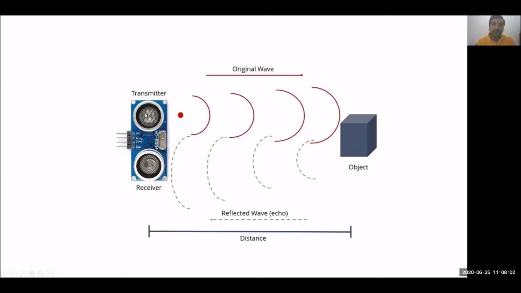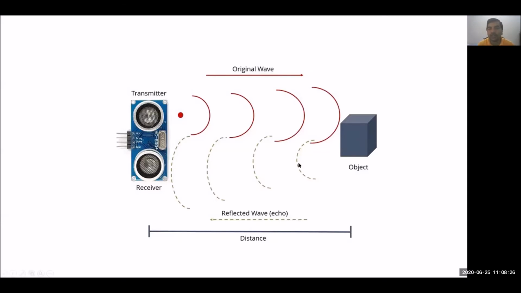So this transmitter will be transmitting out the signal. You can see this red wave is going away from the sensor, and when it falls on the object and hits the object, the sound returns along the same path back.